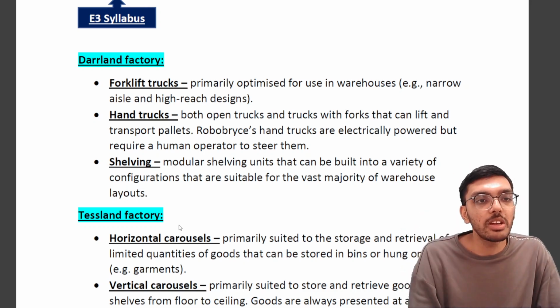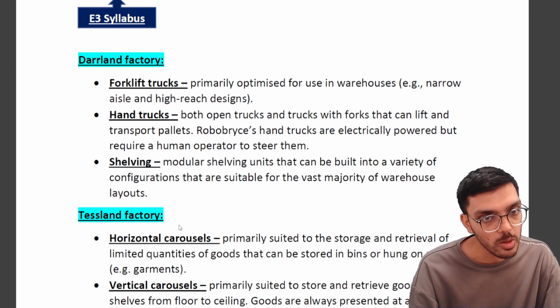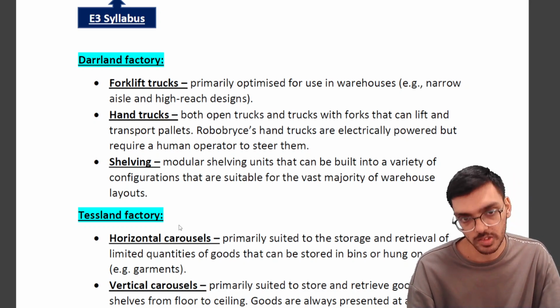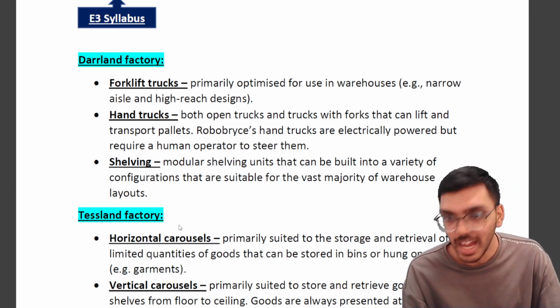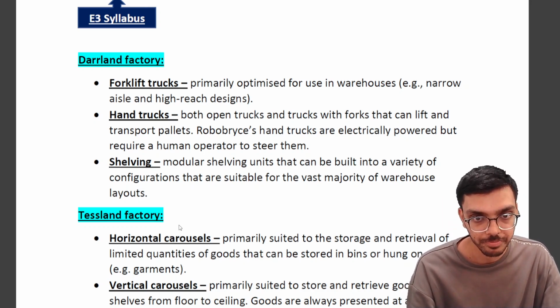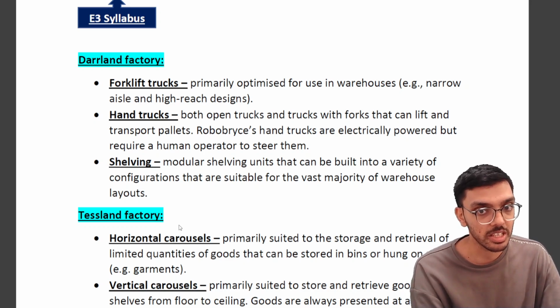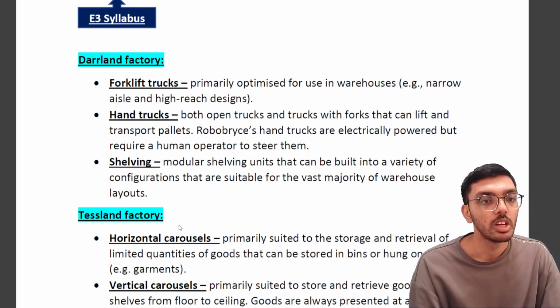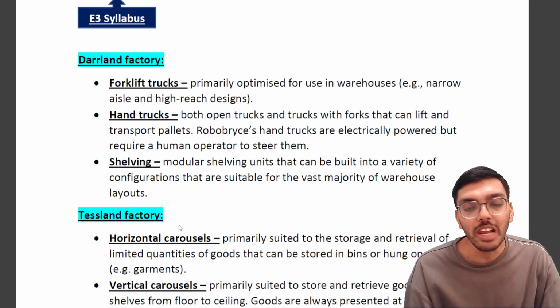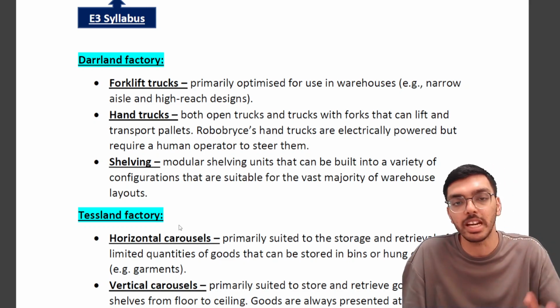So the Darland factory makes forklift trucks, primarily optimized for use in warehouses, hand trucks, both open trucks and trucks with forks that can lift and transport pallets. Robobryce's hand trucks are electrically powered but require a human operator to steer them. So they are electrically powered. Sustainability, remember. Third, shelving. Modular shelving units that can be built into a variety of configurations depending on the warehouse.